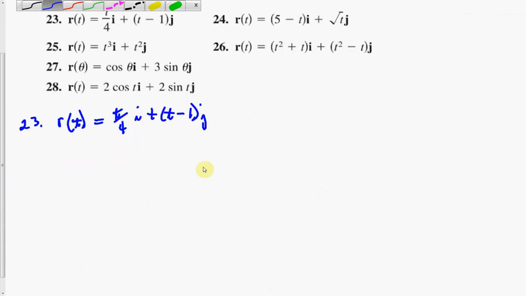So we want to convert to rectangular coordinates. x is equal to t over 4, excuse me, and y is equal to t minus 1. And so if this be the case, this implies that 4x is equal to t.